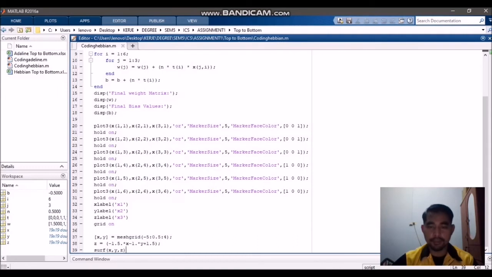As you can see here, the command 0 0 1 is actually for the color code. And that's all for the Hebbian part. Thank you.